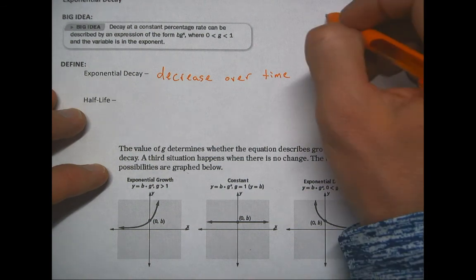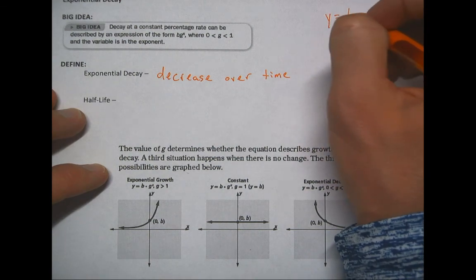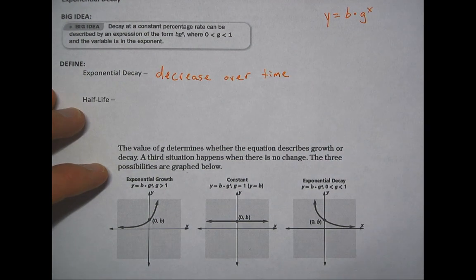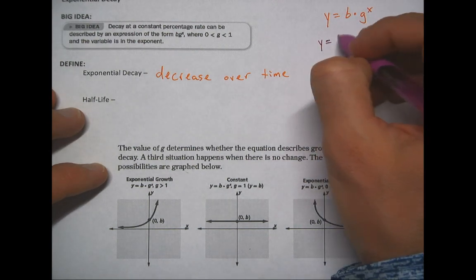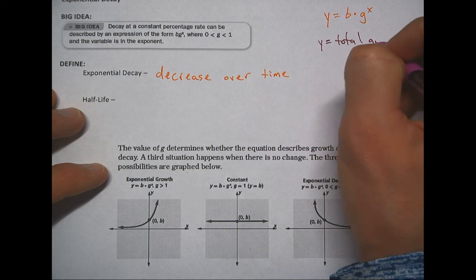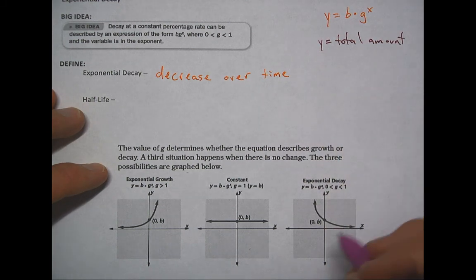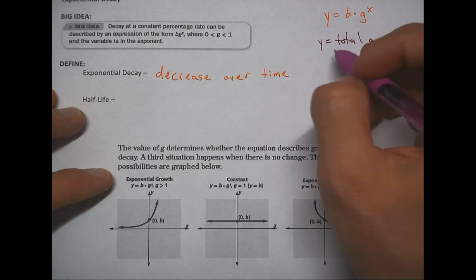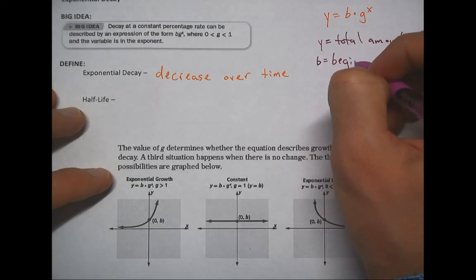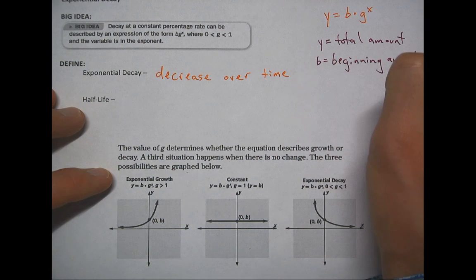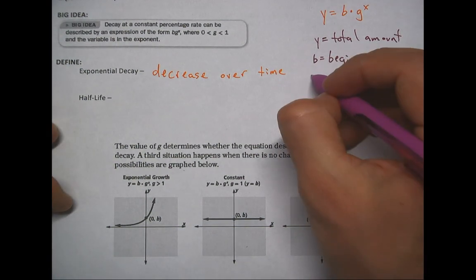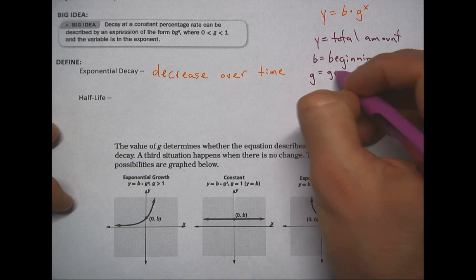And again, it's going to use this same formula, y equals b times g to the x. Let's define these variables. Y is your total amount. B is your beginning amount. G is still your growth factor.